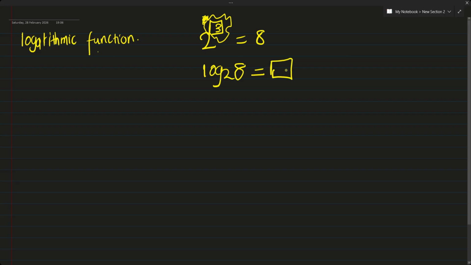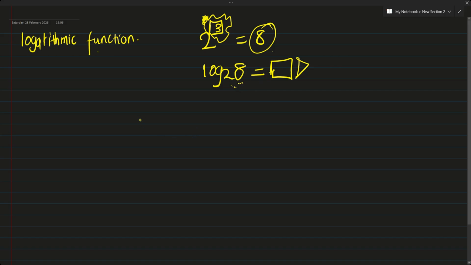So here we're looking for the exponent. Here we were looking for 8, right? So here we're gonna ask ourselves, what power must I raise the base 2 to, to get this number?